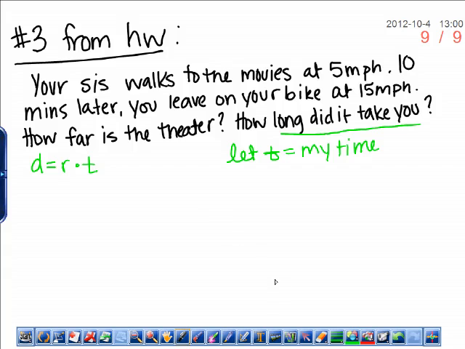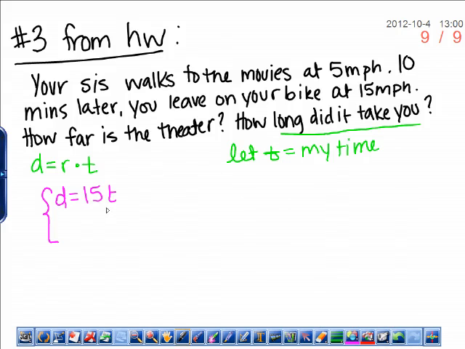Okay? So let's write the easy equation first. Let's write my equation first. So distance equals, what's my rate? 15. My rate is 15. And my time, would you agree I said that my time was t? Yes. So d equals 15t.